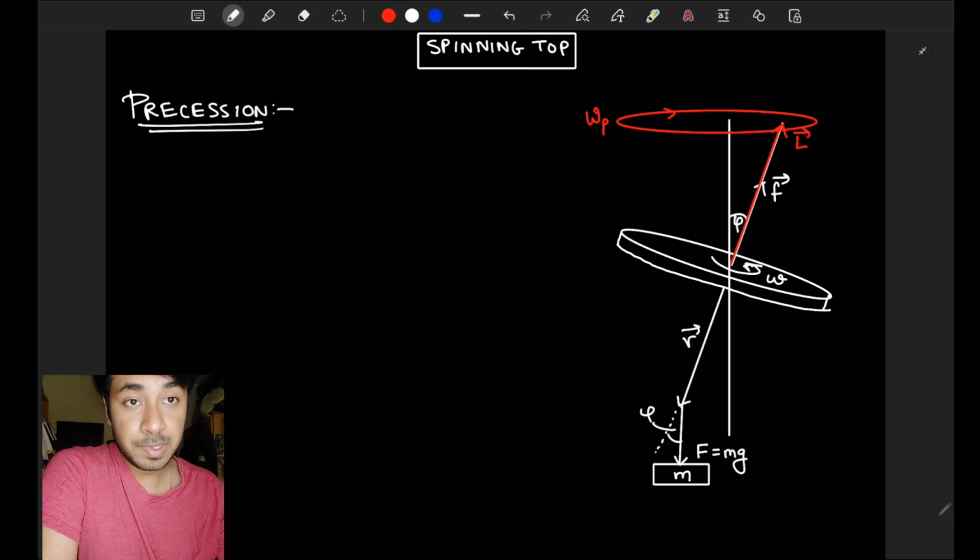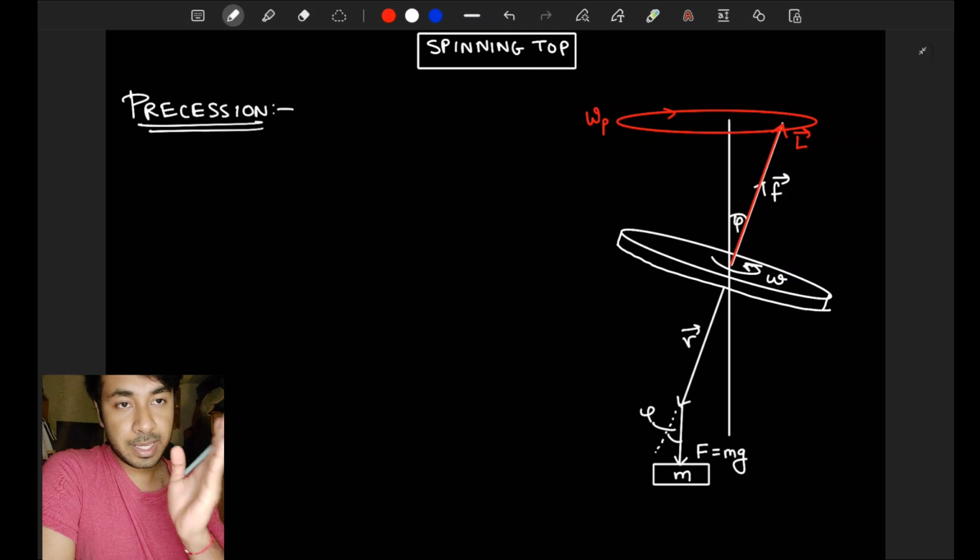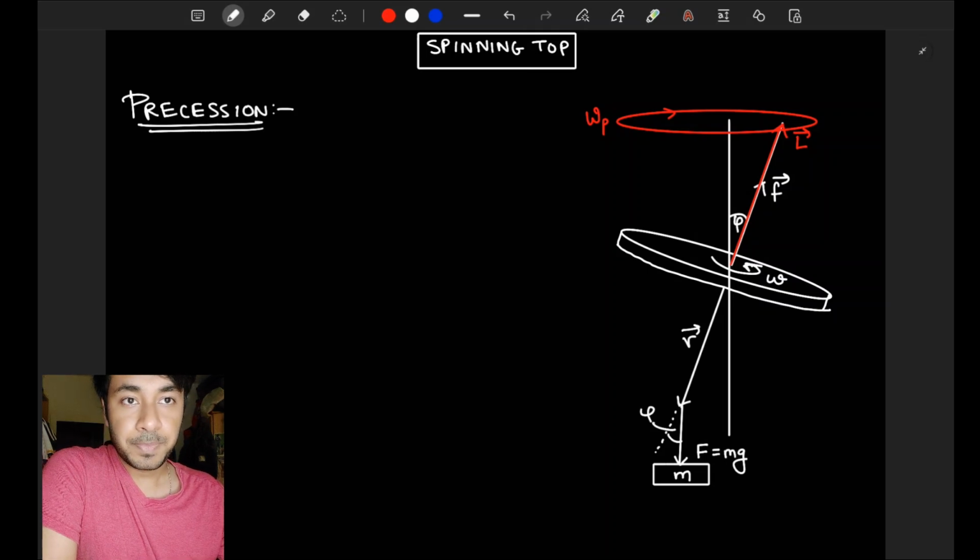What actually happens during precession is that the top, instead of only rotating about its own axis of rotation, also moves along another axis of rotation, and that is what we call precession. Earth also has it: its own rotational axis also rotates around another axis, and we call it precession. This happens because there's a force acting on it.